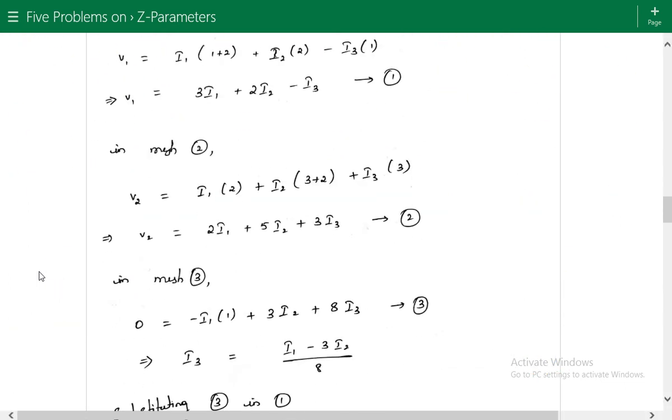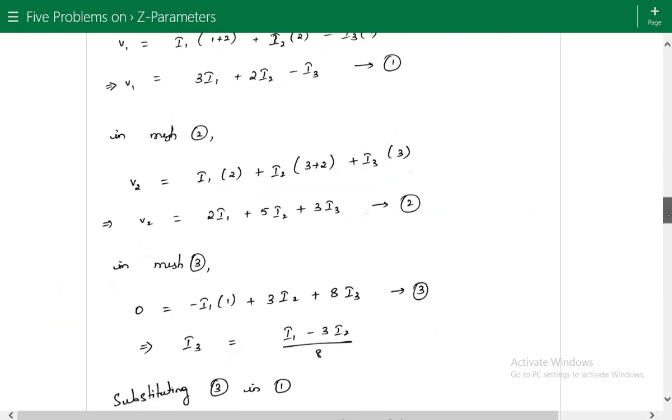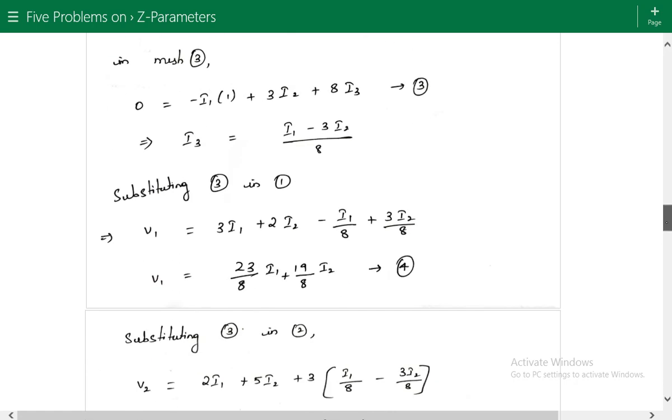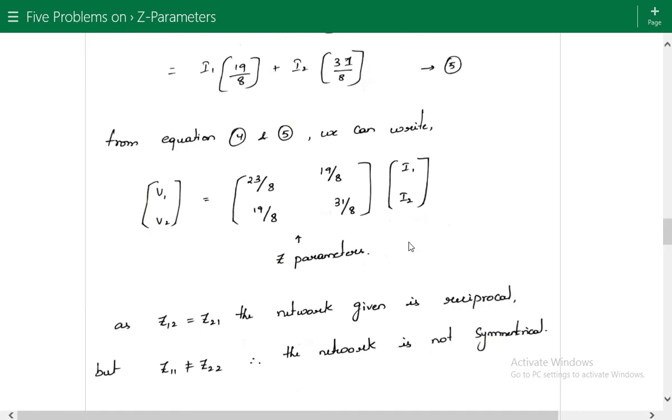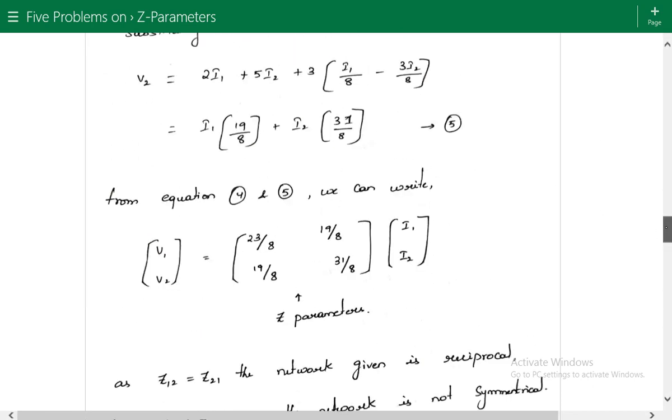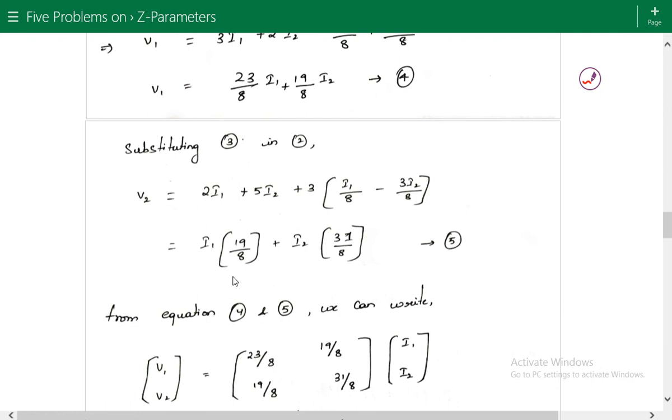By substituting the value of 3 in 1, I will get the values of Z11 and Z12. By substituting 3 in 2, I will get Z21 and Z22.